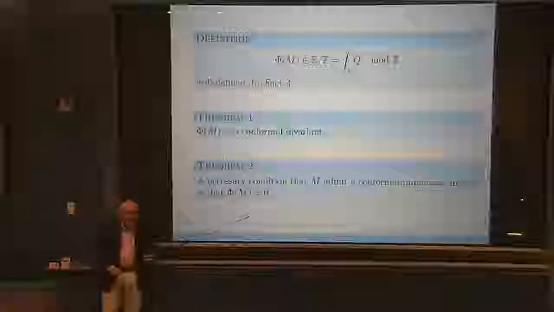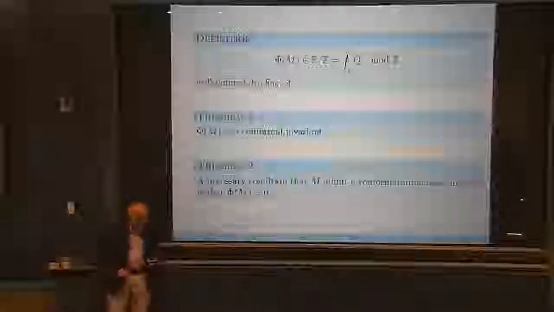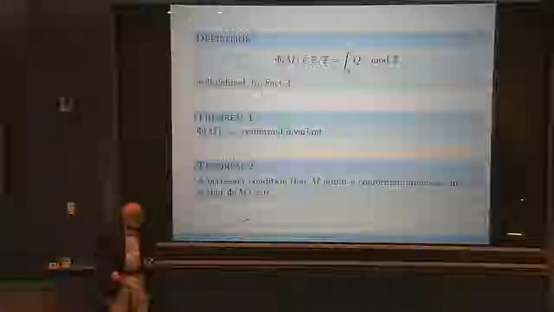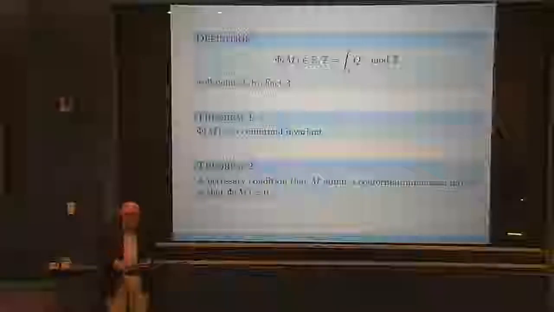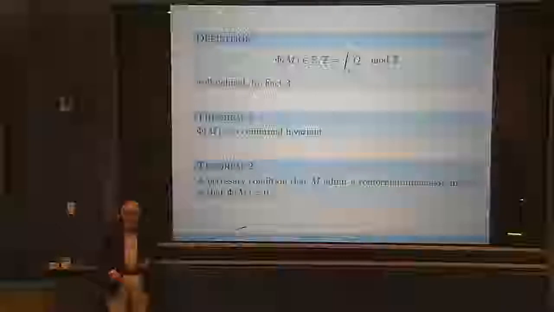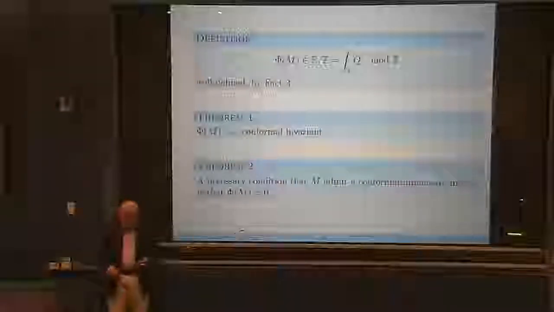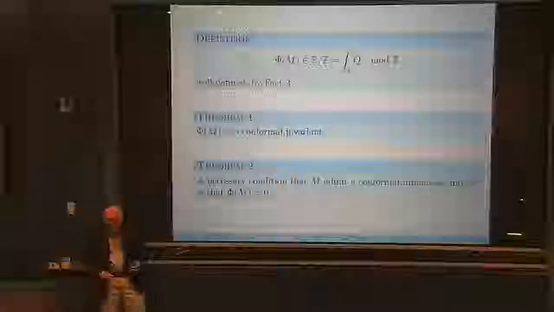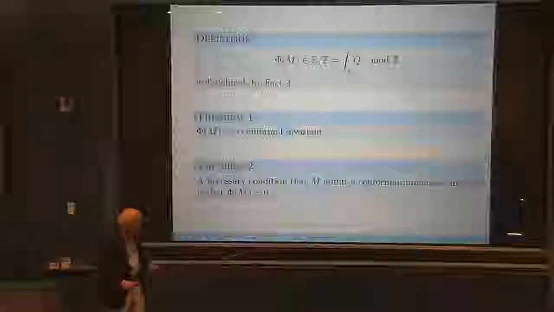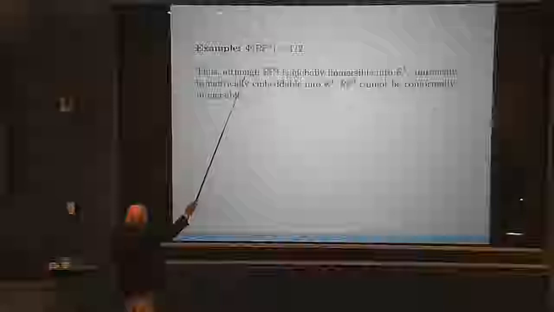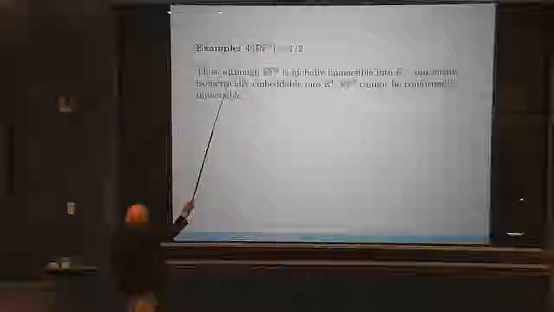Now, I discovered that while riding on an airplane with Jeff Cheeger, he's in front here, and I said, oh, I did this integral and these things, it turns out to be zero. I was a little disappointed, and Jeff said, what are you talking about? That's a theorem. I said, oh, you're right. It is a theorem. And so here's an example. Phi of the real three-dimensional projective space is a half.